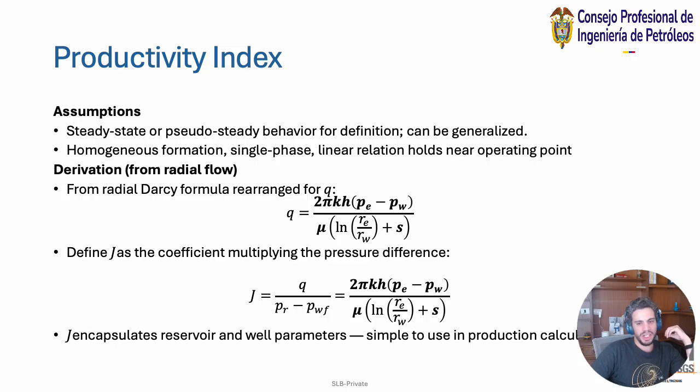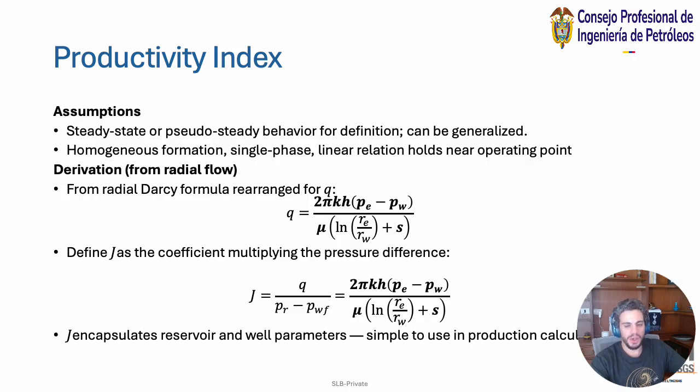So here we'll show the derivation from radial flow. Before we start, you can think of it like this: a well with a high productivity index will produce a lot of fluid for a given drawdown, or a given change in pressure, right? In our derivation, we start from the steady radial flow formula that we saw with Darcy, and we're including our skin factor.